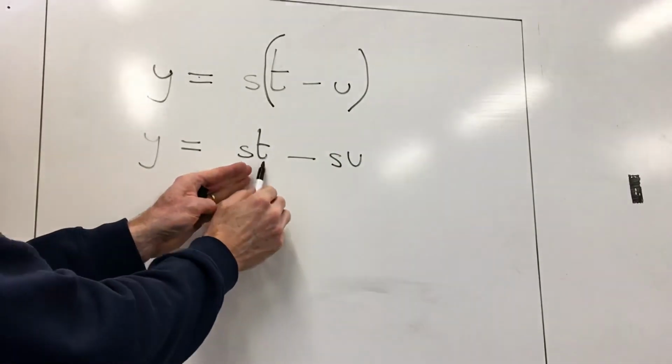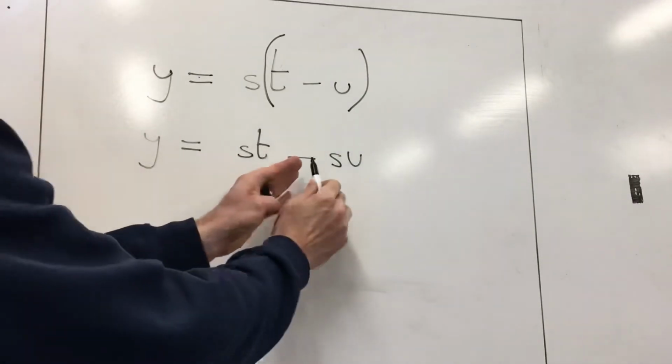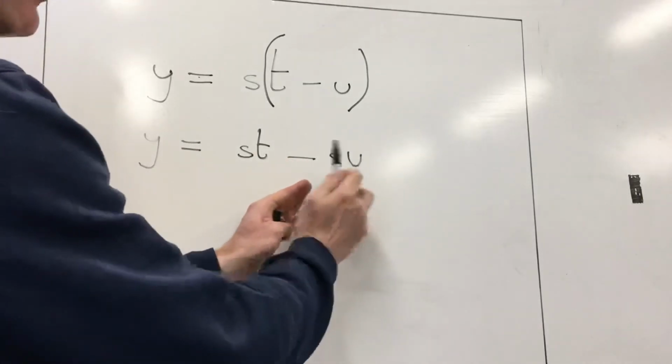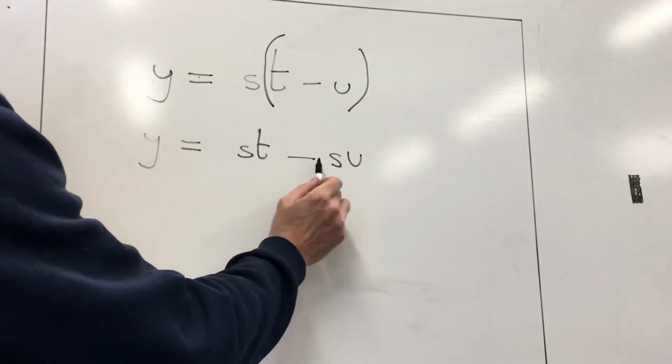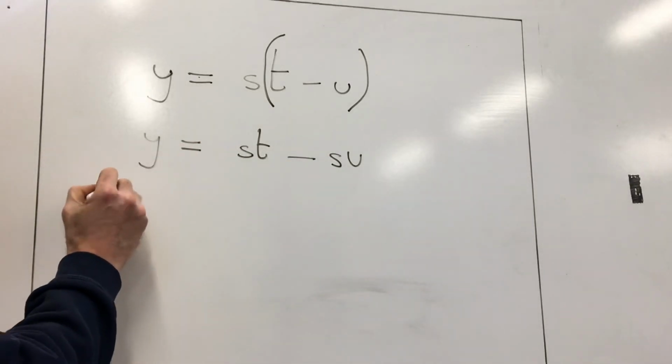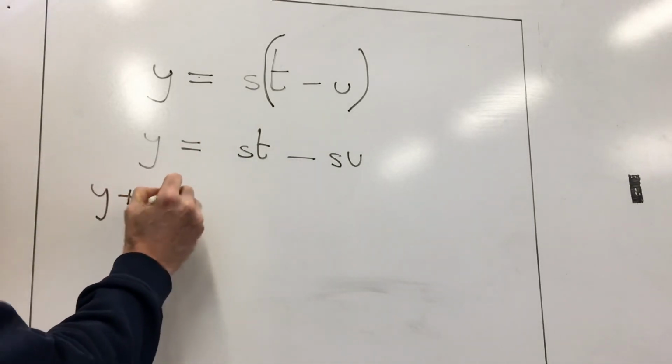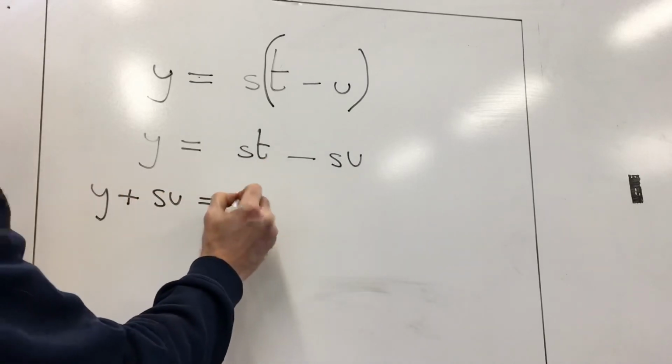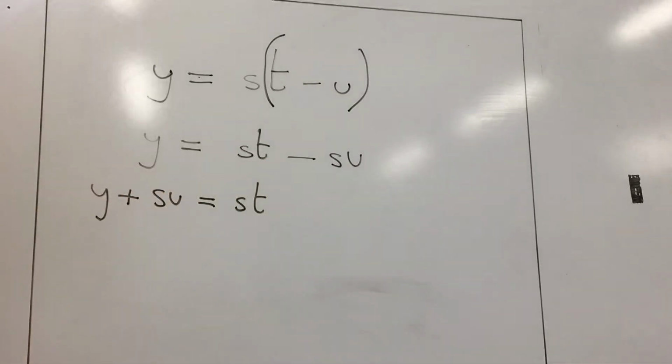Here's our t. We're trying to get this on its own. So the first thing we can do is get rid of the su from this side. Because it's taking away su, we need to add su to both sides. So it's y, add su, will now leave st on that side.